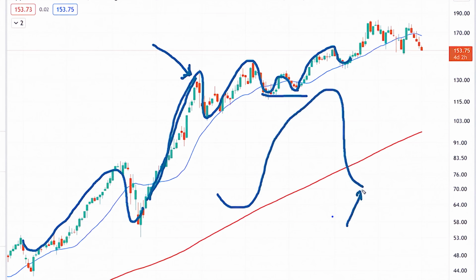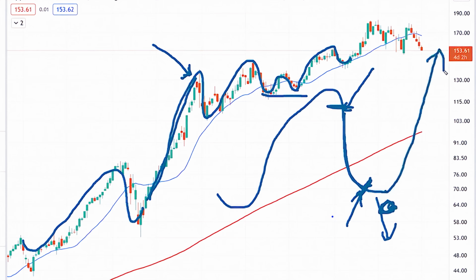Is that where I am in the overall cycle? Because if you're here and you're looking for a lot more downside, then you don't understand cycle analysis. All right? Because you're looking for massive downside at this part of the cycle, but not after a drop like this. You would be looking for minimum downside with more potential upside.